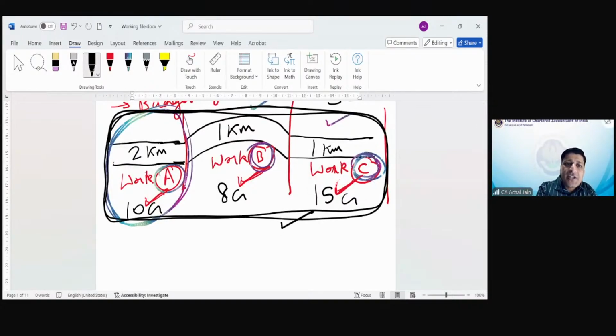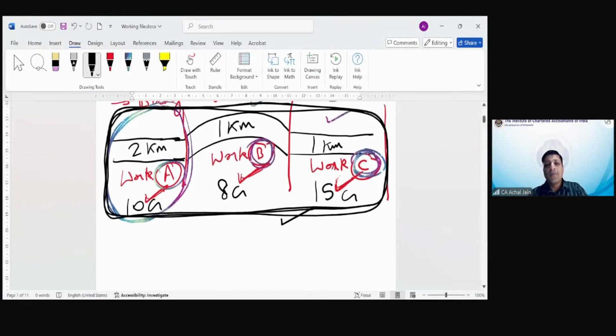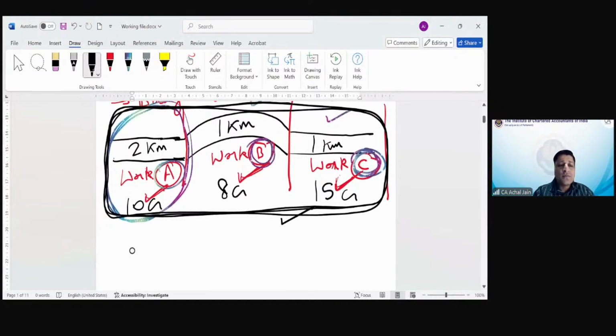Initially, when the authority and A Limited entered into the contract, there was a single contract signed between A Limited and the authority amounting to 33 crore.